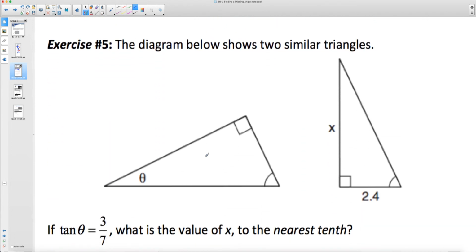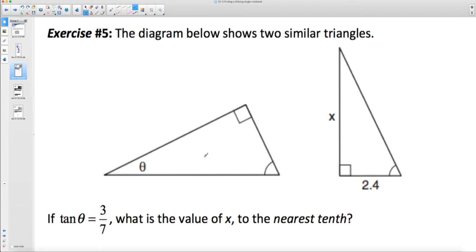Let's take a look at this one. So we have two similar triangles. Okay, we know two things about similar triangles. Their corresponding sides are in proportion, and their angles are congruent. They're telling us that tan of theta is equal to 3/7, so tan of the angle.